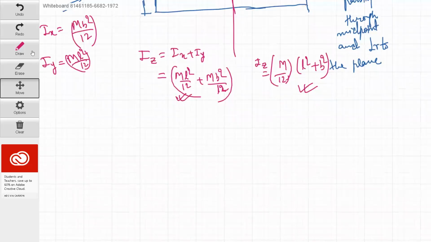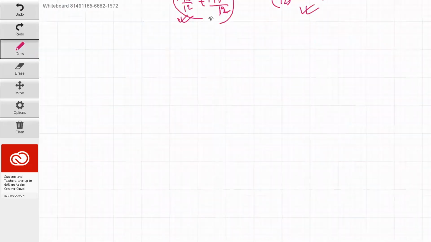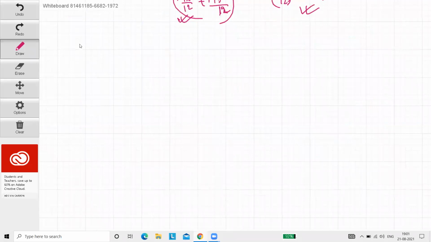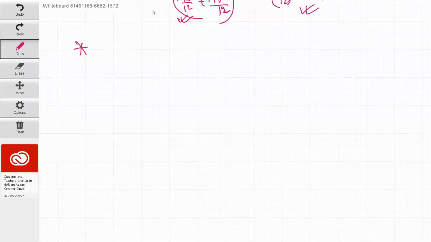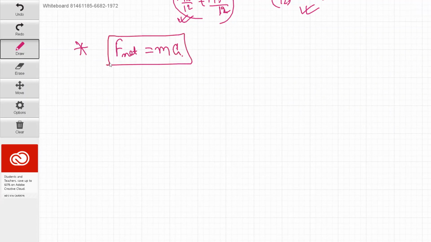Now, this is all about moment of inertia. Is this all right? Now, students, if I have calculated the moment of inertia, now we have to go through F net is equal to mass into acceleration. That we studied in the chapter of translation.